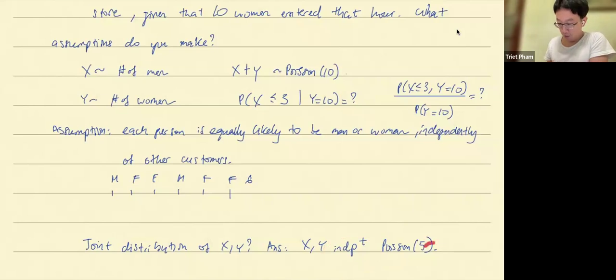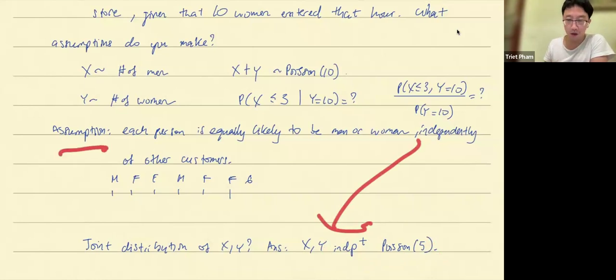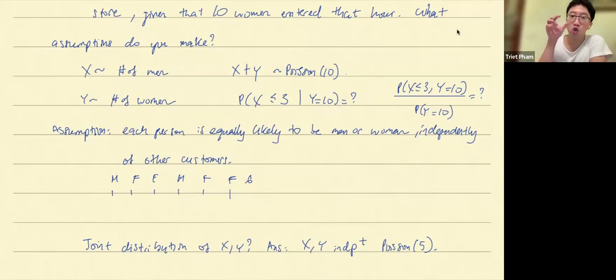Now, in case you think Poisson 5 is obvious, do you think independent is obvious as well? And in case you think it's obvious from this assumption, that's not true. The reason is that we say individually, the gender of a person is independent of the gender of another person going to a store, which is a very reasonable assumption.